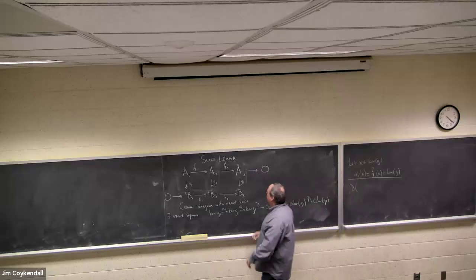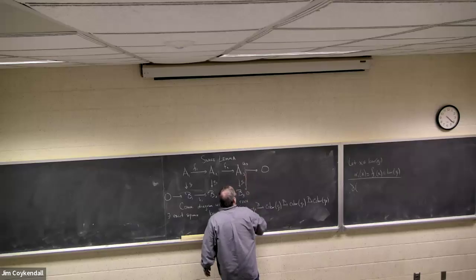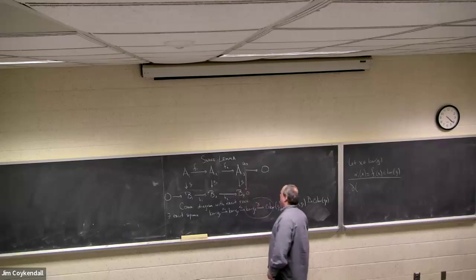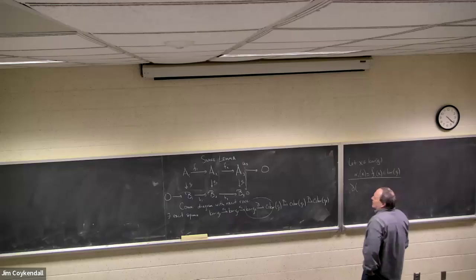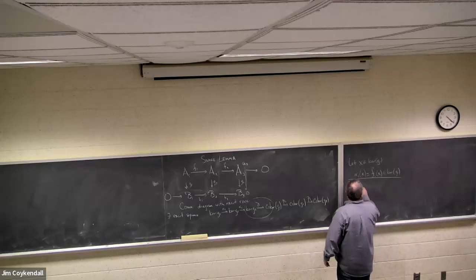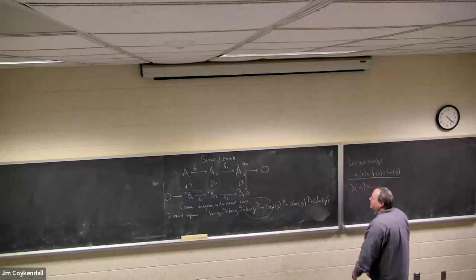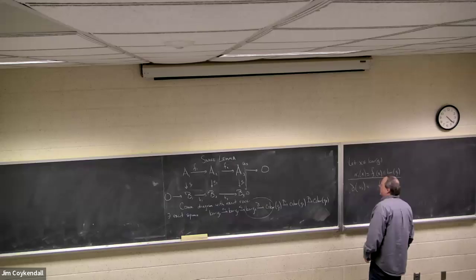So if you start with A3 here, and what you know is A3 is in the kernel of G3, so it goes to 0 in B3. This is often written this way. Delta of A3, or this snake homomorphism, is F2 inverse A3.